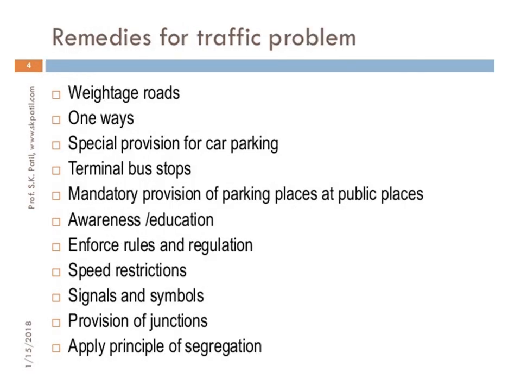In this slide we are going to see the remedies for traffic problems. The remedies are: weightage to the road should be given, such as one way; special provision for car parking is to be made; terminal bus stops are to be provided; mandatory provision for parking places at public places should be considered; awareness and education programs have to be incorporated; and rules and regulations must be enforced in order to solve the traffic problem.